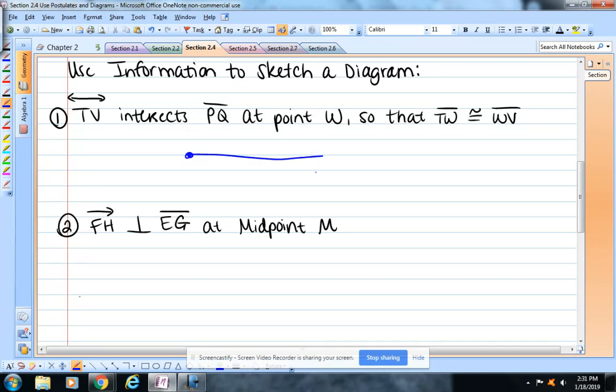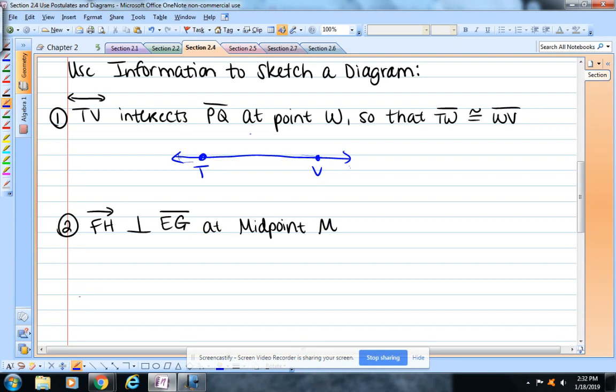Now, lines have arrows on them, right? So draw a line forever. So it needs a point T and a point V on it. Intersects segment PQ at point W so that TW and WV are congruent to each other.